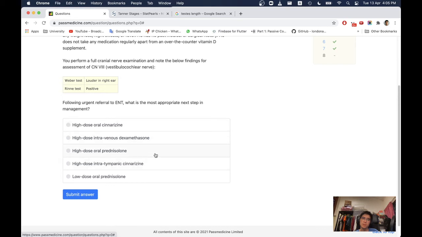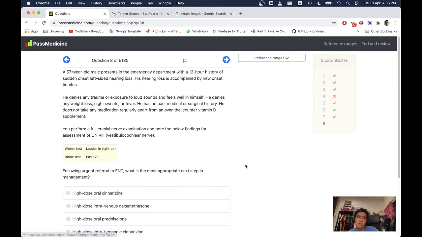Why do you want to give prednisone? What is going on here? I have no idea what is going on here. If it's vestibular neuritis, usually it's just conservative management. So it's probably not vestibular neuritis here. It's a 57-year-old.